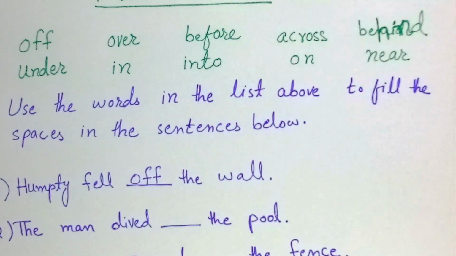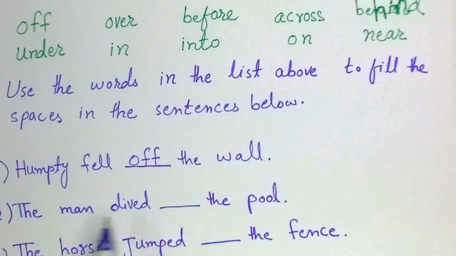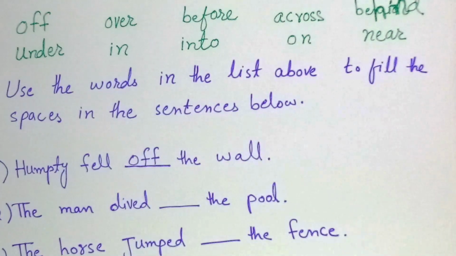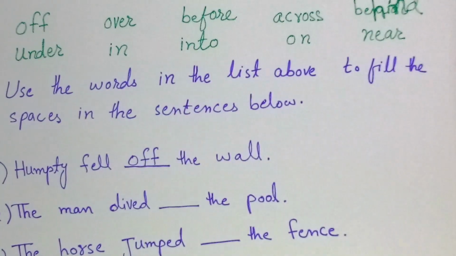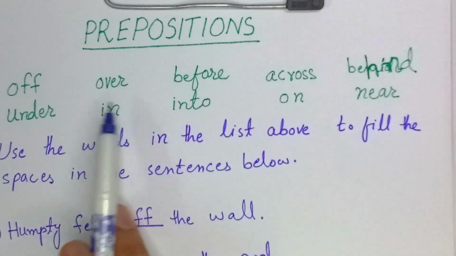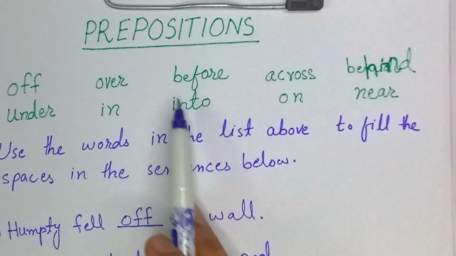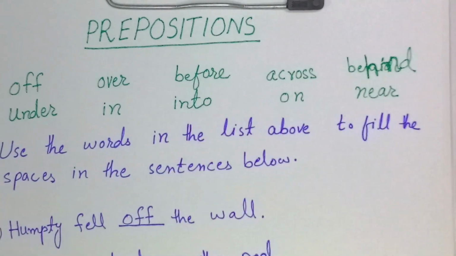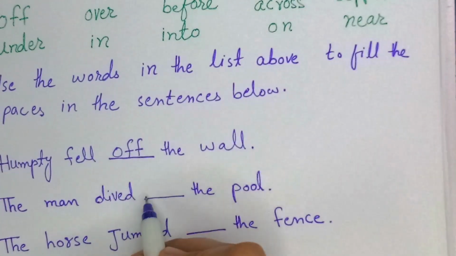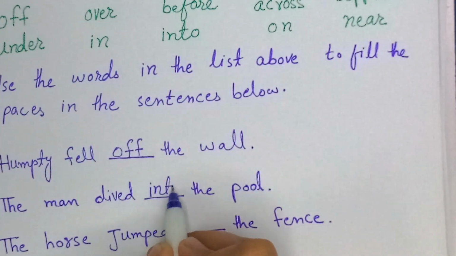Now move to the other sentence. The man dived dash the pool. So let's choose from here. We can use in or into. What do you think, guys? Yes, we will use the man dived into the pool.